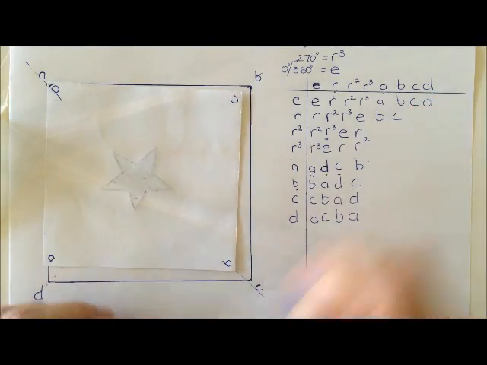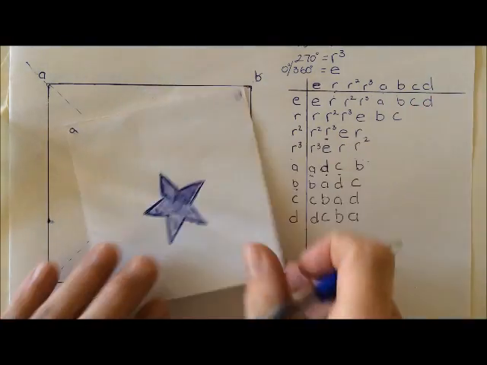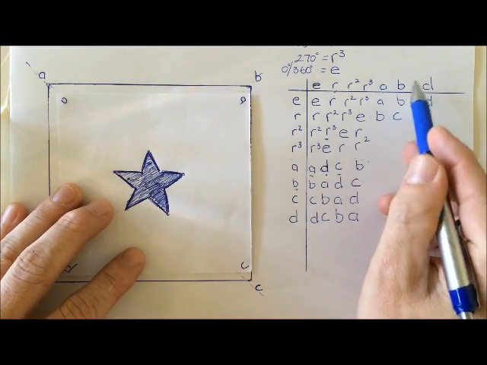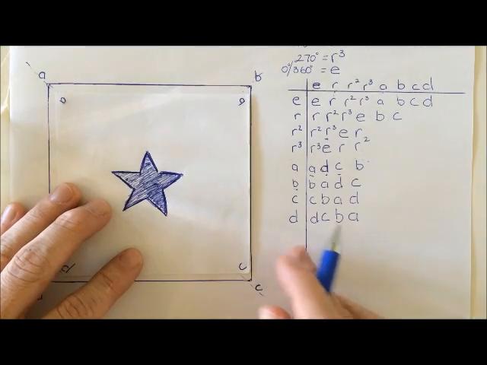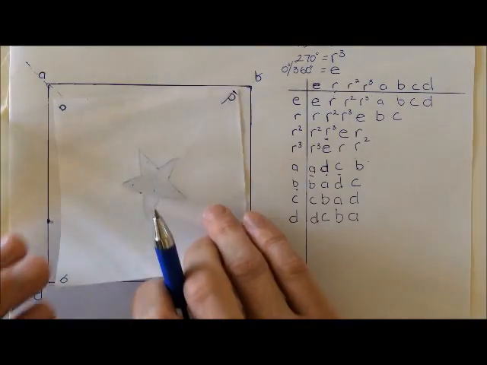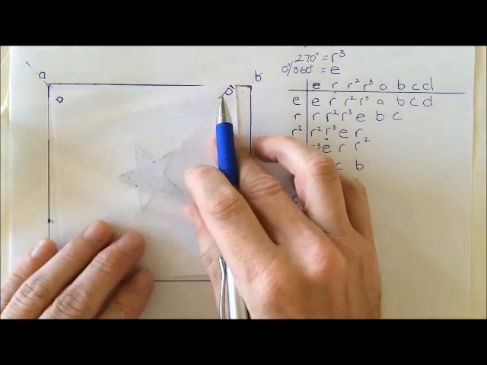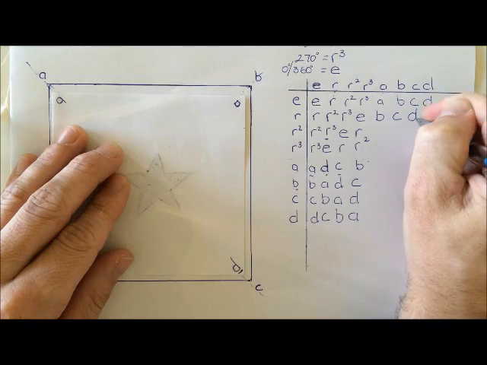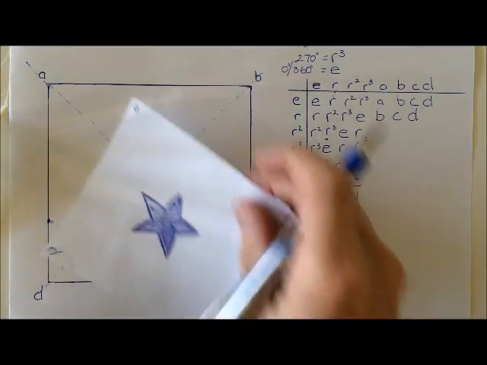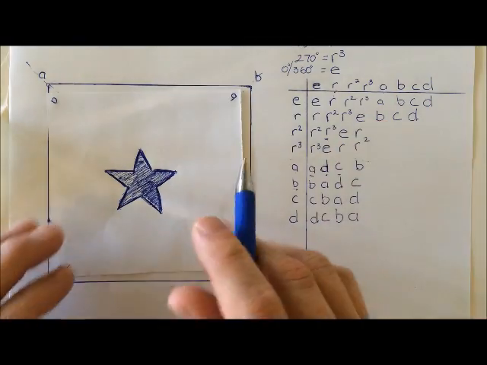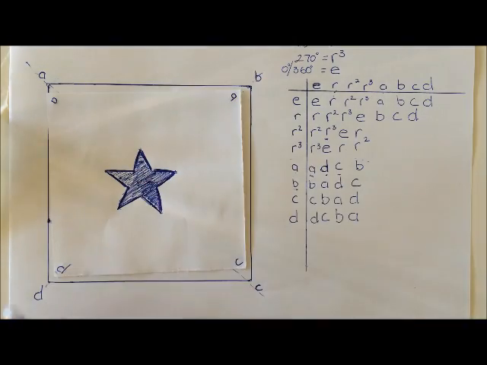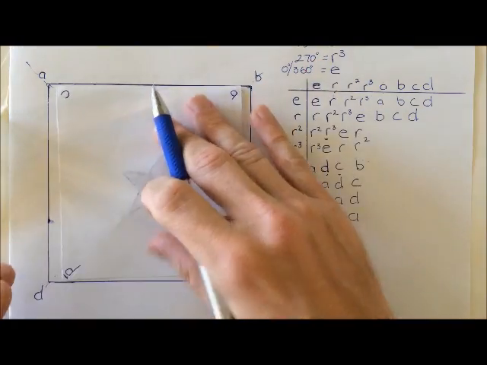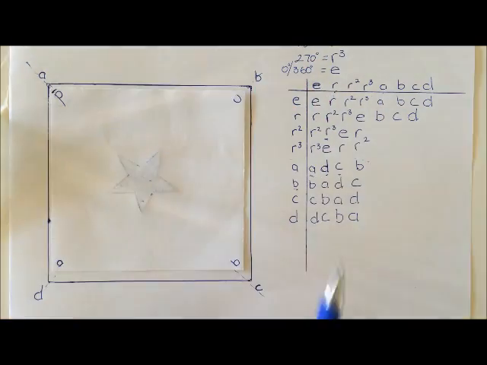C. Flip on the C axis and take the measurement at C. So flip, rotate once, D. Finally, flip along the D axis, measure at D, or take the result from D. Rotate once, A.